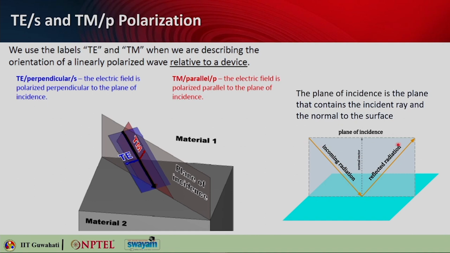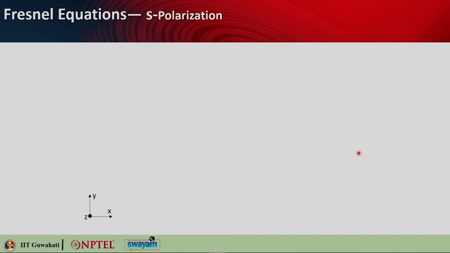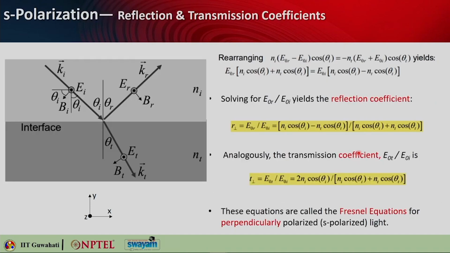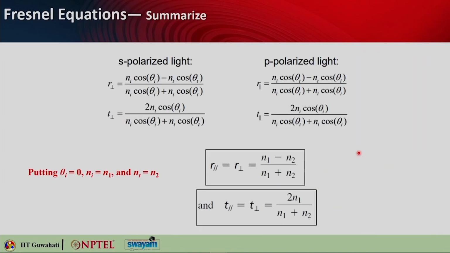You can have the plane either this way or that way, because the incident beam and reflected beam are now in the same direction. The incident beam comes from top to bottom, the reflection goes from bottom to top, but they are along the same line because you are having normal incidence. In short, in normal incidence, both polarizations become the same or interchangeable. That is why the equations also show the same. So you will get similar reflection and transmission coefficients for S and P polarization when you have normal incidence.